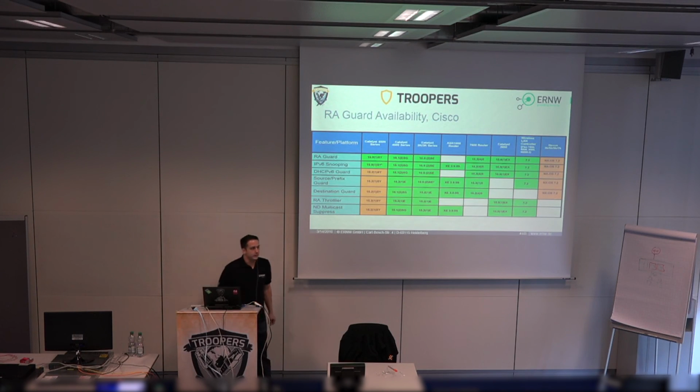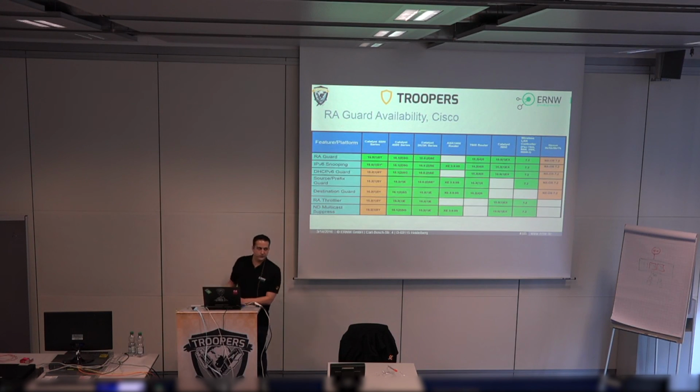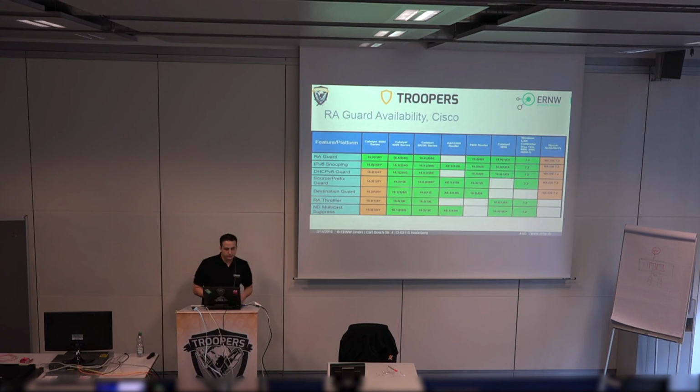But for the Nexus platforms, 3K, 5K, and so on, it is listed as NX-OS 7.2. In the meanwhile, they have postponed it to NX-OS 8.0. So before that, you won't see any first-hop security features in NX-OS-based systems.